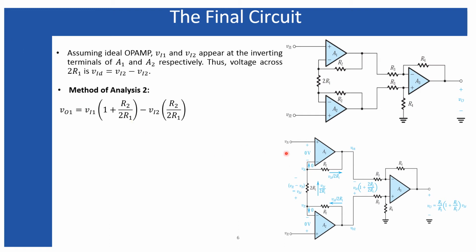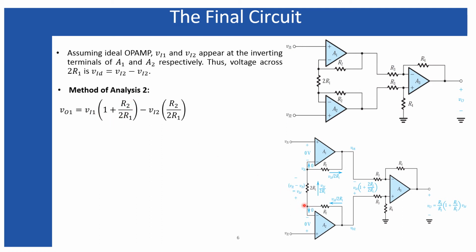So in this case, when I'm considering this Vi1, I have assumed that this terminal is grounded, since Vi2 is applied at this terminal. With this terminal grounded, the output voltage V01 due to this Vi1 will take this form.